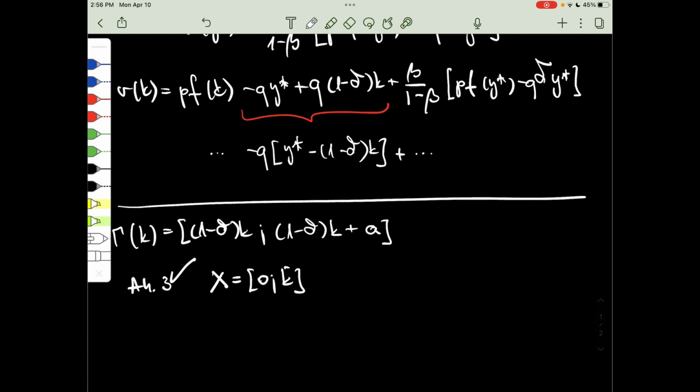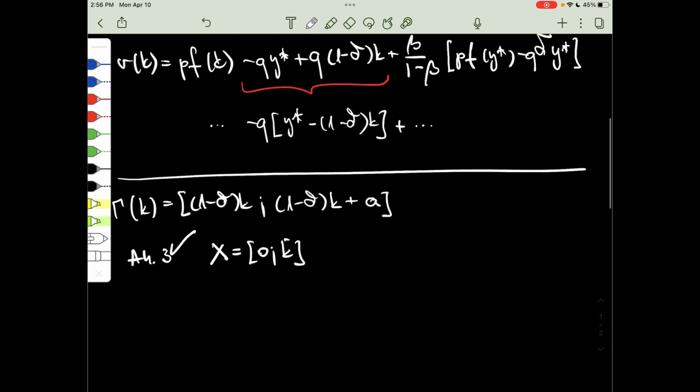So assumption 4.3 holds. Assumption 4.4 hasn't changed. Assumption 4.7 hasn't changed. So the next assumption to check is assumption 4.8, the convexity of gamma. Gamma must be convex, and we need to check it very carefully.